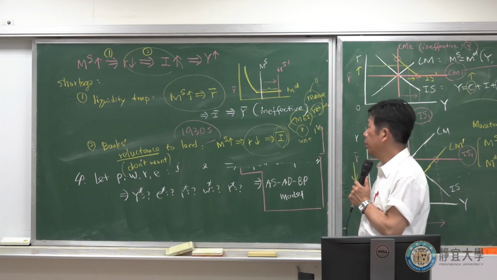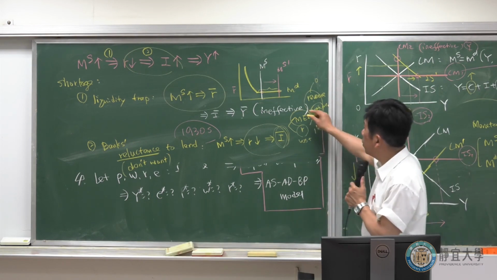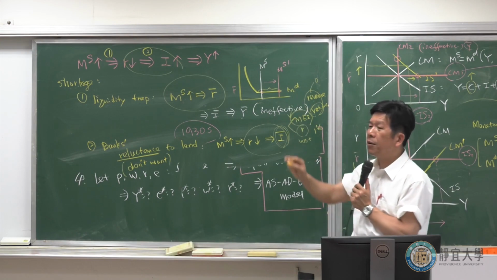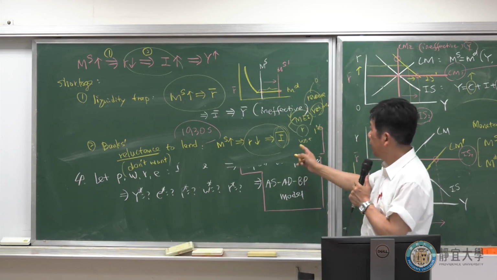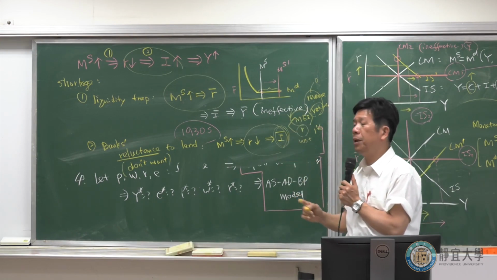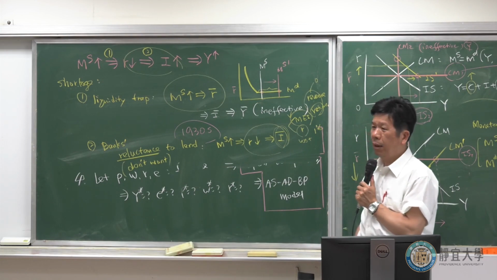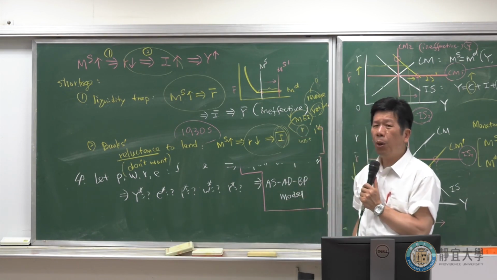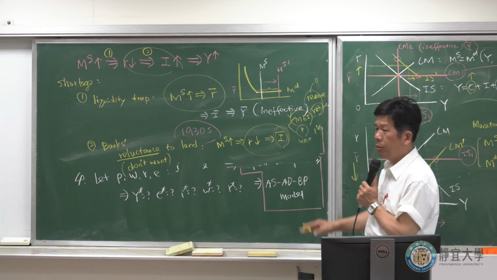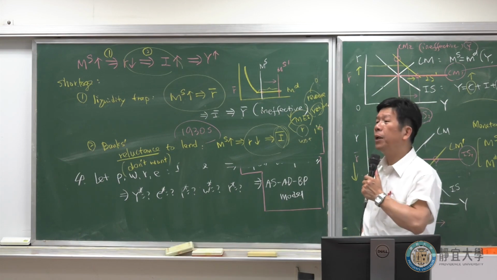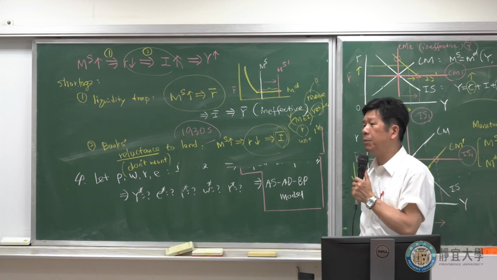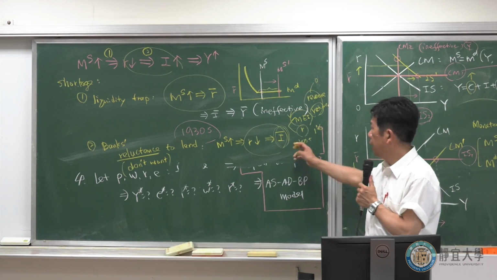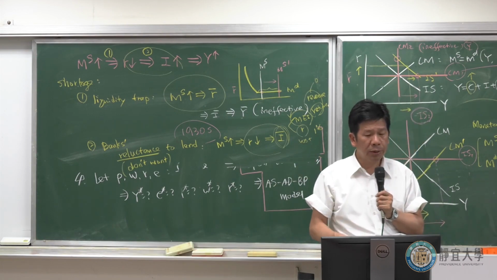So it is more important to let the MEI increase, and then people would like to make the investment. But if the MEI is lower than the interest rate, then nobody wants to make this investment. So this is the second story.